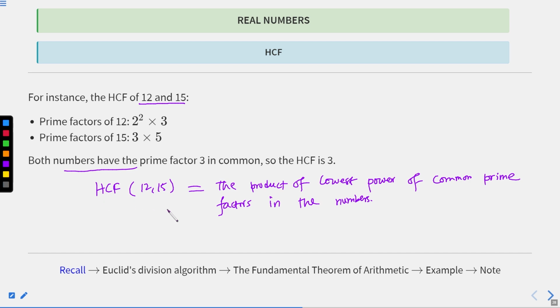The lowest power of the common factor is 3 to the 1. So the HCF of 12, 15 is equal to 3.